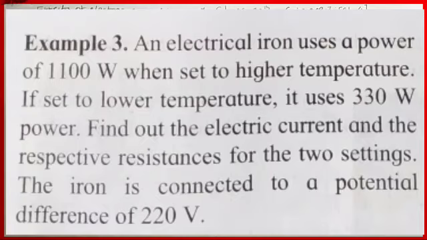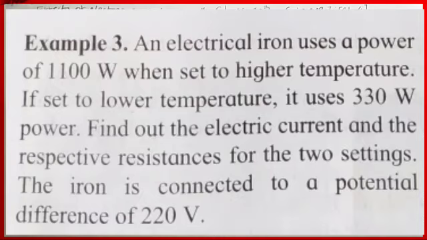When set to a higher temperature, whenever we set the iron to its higher temperature, at that time it uses 1100 watt of power. If set at a lower temperature, then it uses 330 watt of power.